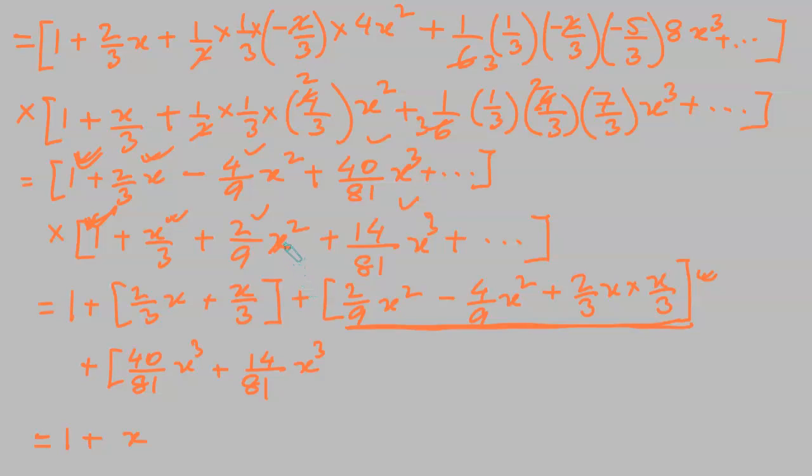And then we can do what? We can do x squared times x. So plus negative 4 over 9 x squared times x over 3, plus this one, 2 over 3x with 2 over 9x squared. Okay. So plus 2 over 3x times 2 over 9x squared.